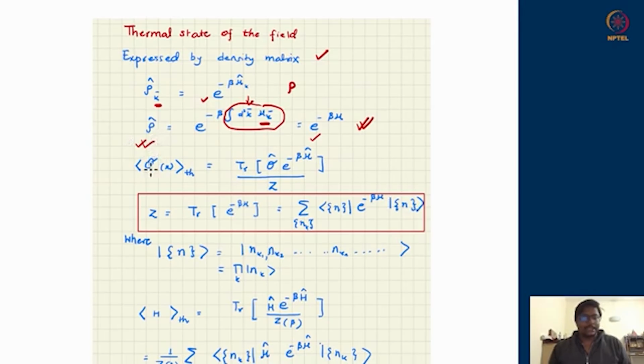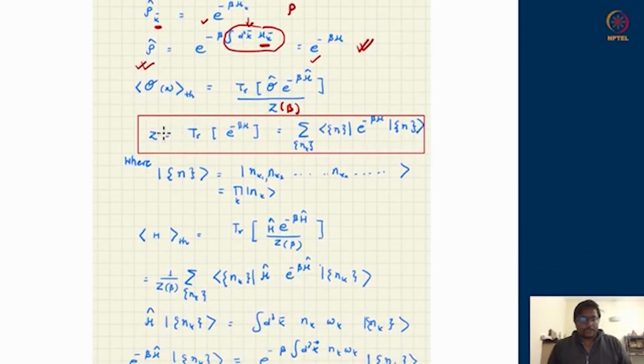Since this is our density matrix written in a thermal basis, the denominator should be a function of temperature as well, Z of beta. Sometimes this is given the name path integral in the quantum field theoretic discussion, but this is just the partition function of the system if you are inclined to think along that line.